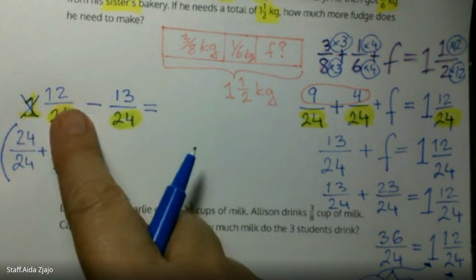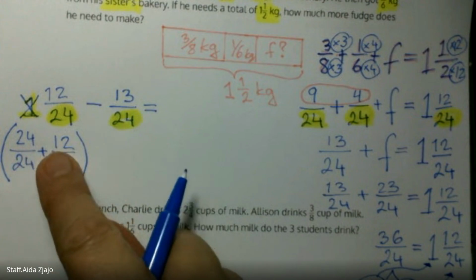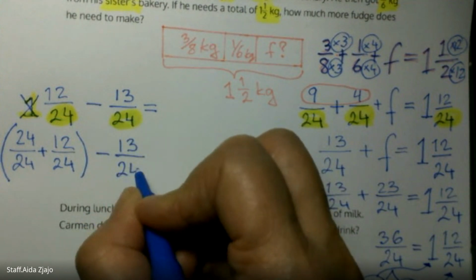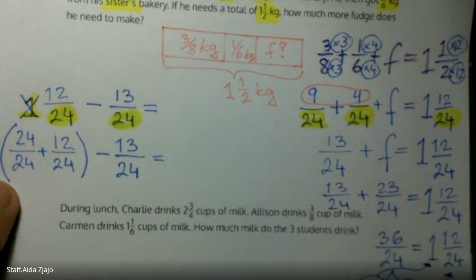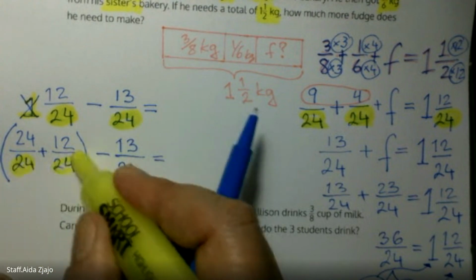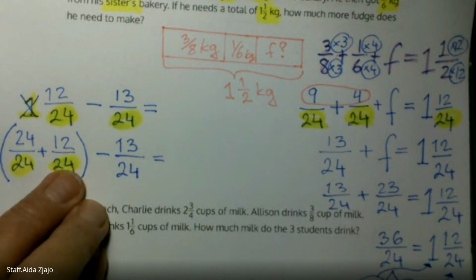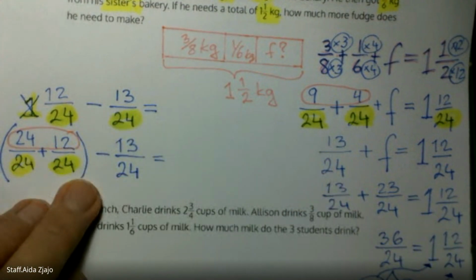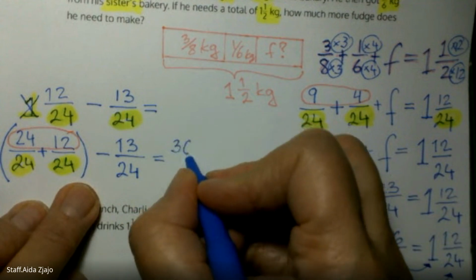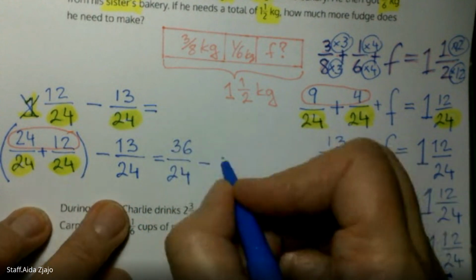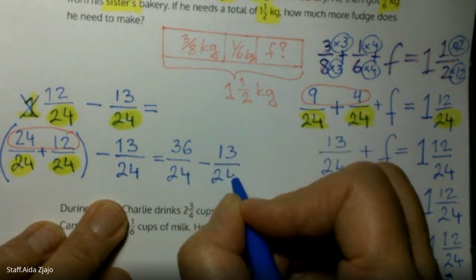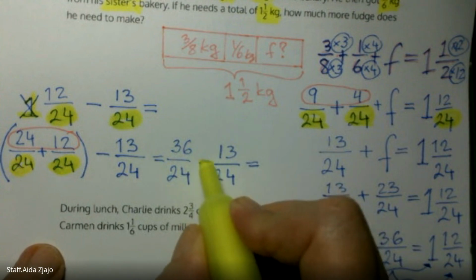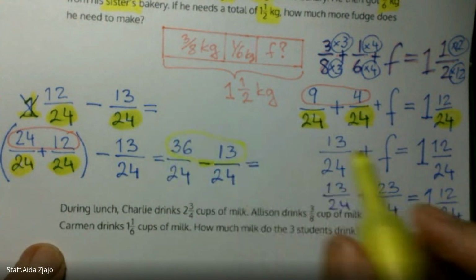Now I have 36 pieces, so 24/24 plus 12/24 is 36/24. 36/24 minus 13/24: now I can subtract, because I can take 13 pieces when I have 36.